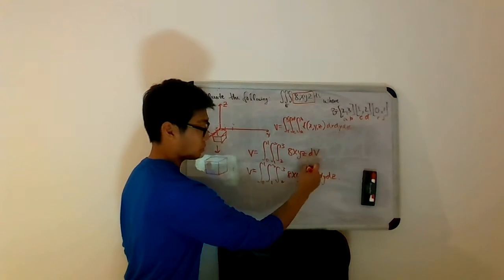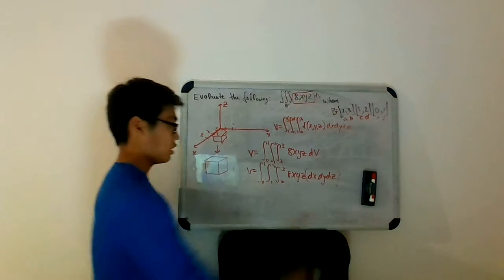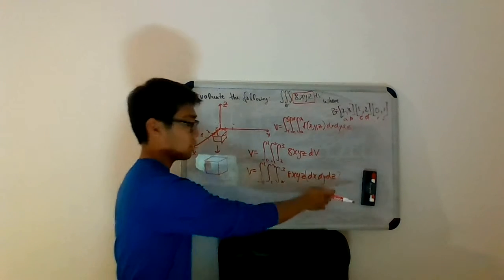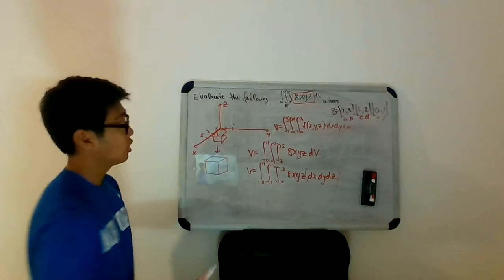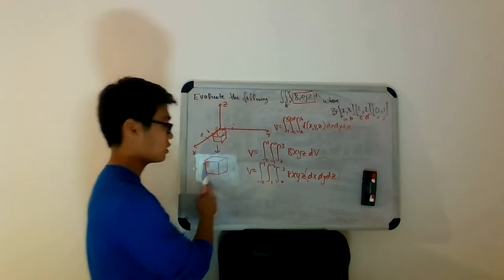Again, the order in which you integrate can be dy, dz, dx, or dz, dx, dy. It really doesn't matter, especially when we're working with cubes or rectangular boxes.